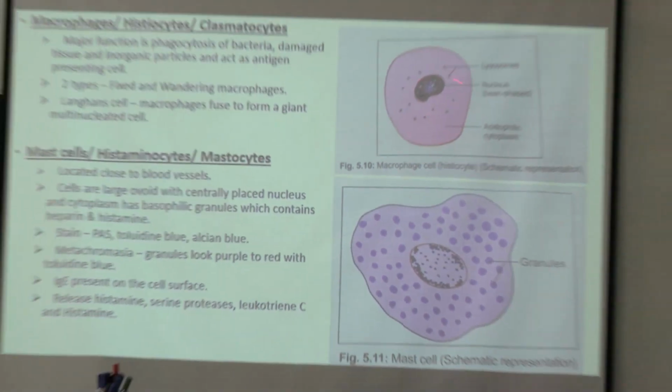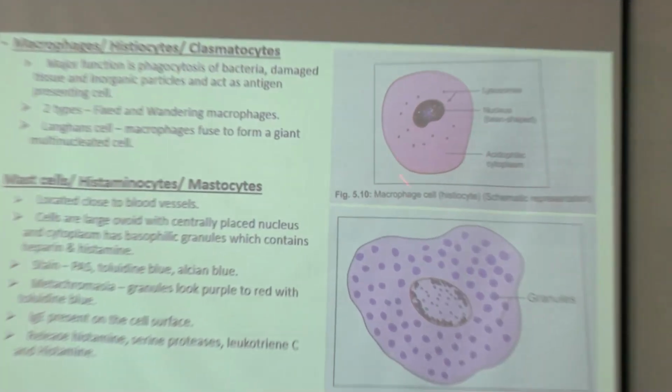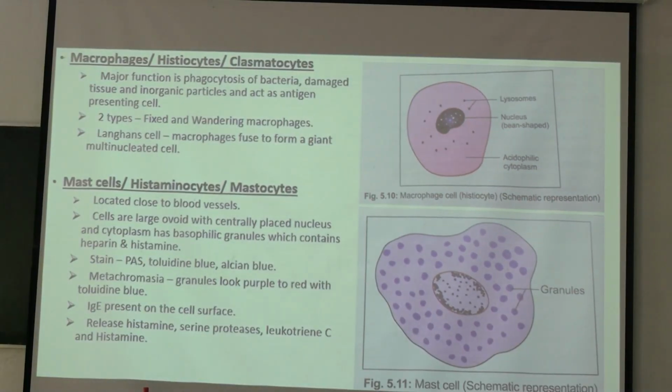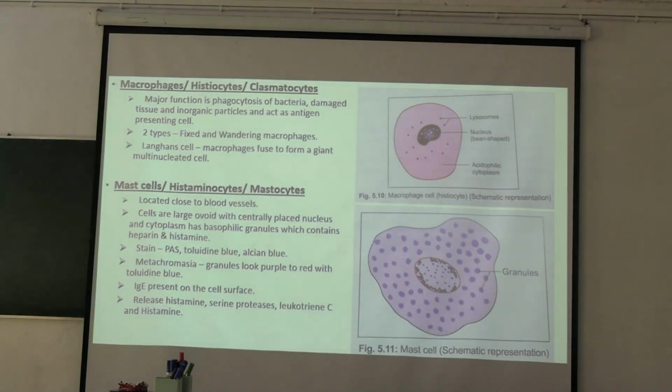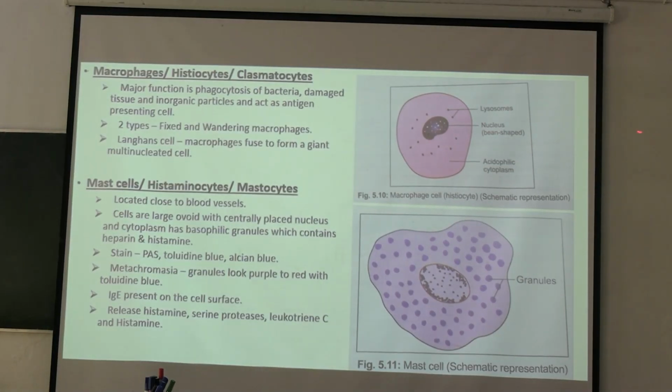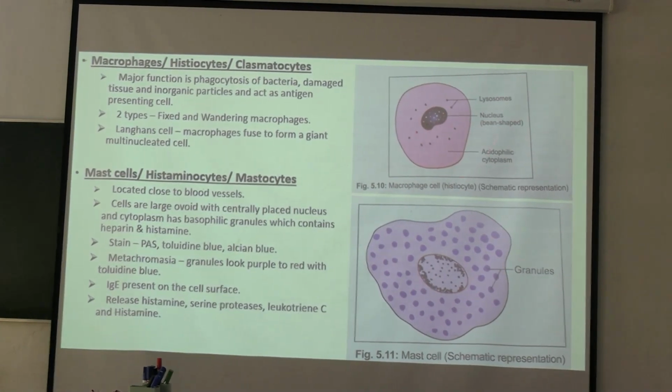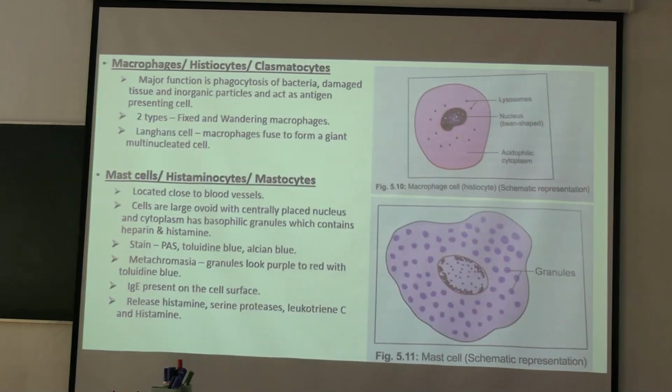Langerhans cells are also macrophages fused to form giant multinucleated cells. Within the macrophage you can see the nucleus is separate, lysosomes are there, and lysosomes will destroy the phagocytosed material. The lysosome has enzymes and the cytoplasm is acidophilic.